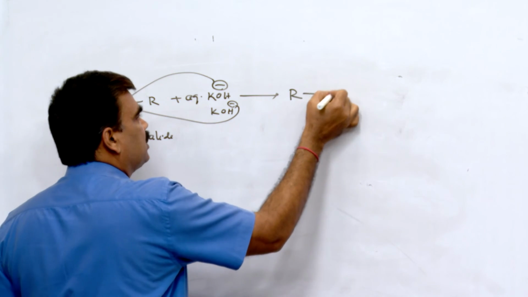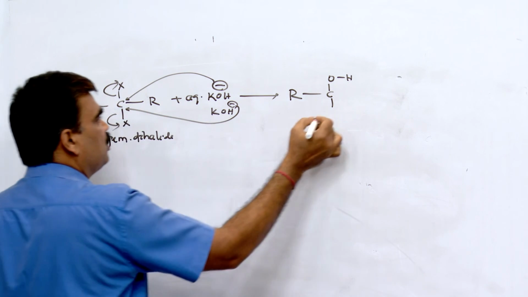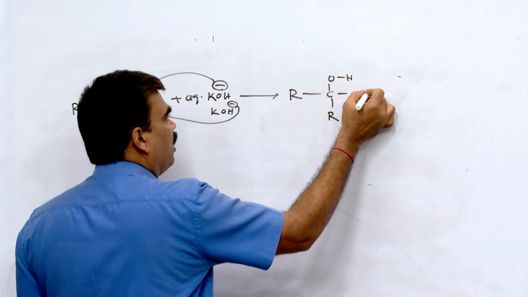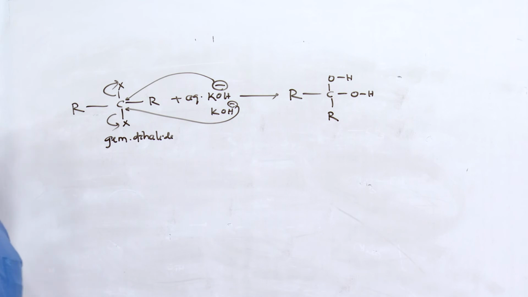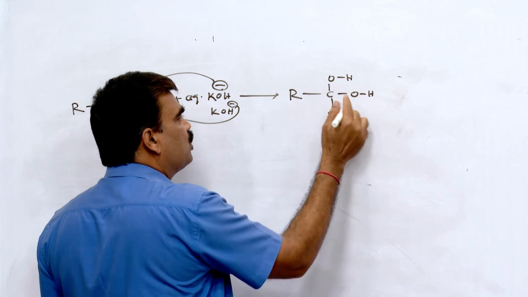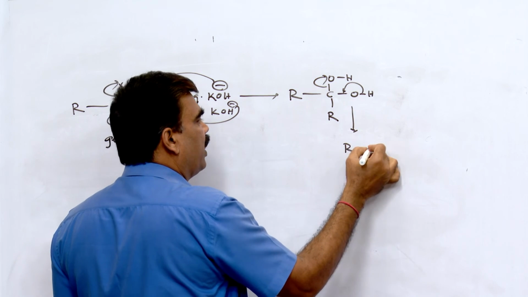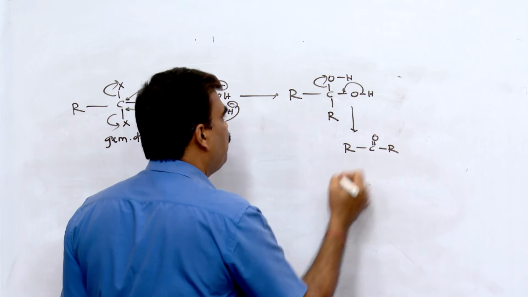So we get RC, OH, here I can bring R to this position so that it can be conveniently shown how the product is formed. So since the carbon contains two OH groups, it is unstable and immediately it loses a molecule of water and we get ketone, right?